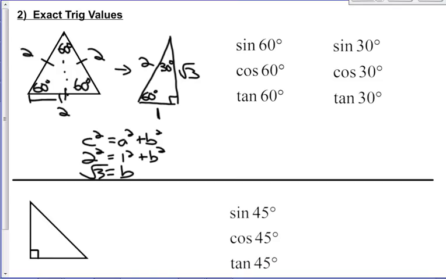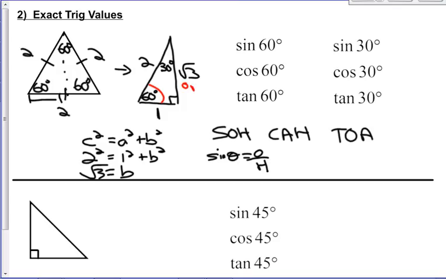OK, from there, we can start to talk about sine 60, cos 60, and tan 60. So remember, we have sine is opposite over hypotenuse, cosine is adjacent over hypotenuse, tangent is opposite over adjacent. If we deal with this 60-degree angle here, then I'd call this the opposite, this the adjacent, and this the hypotenuse.